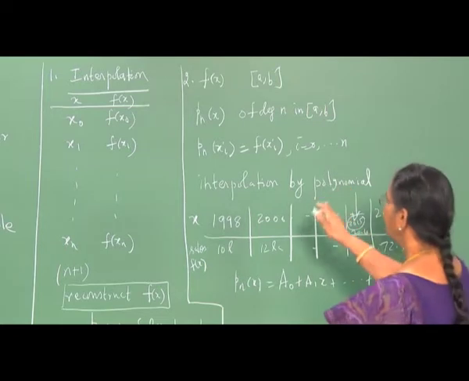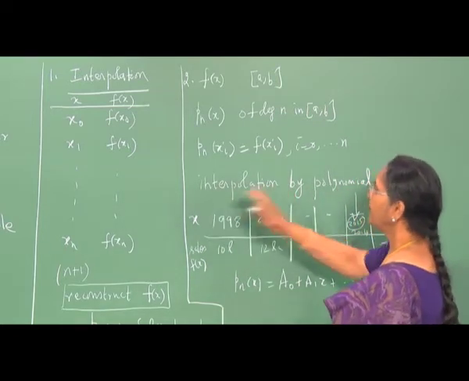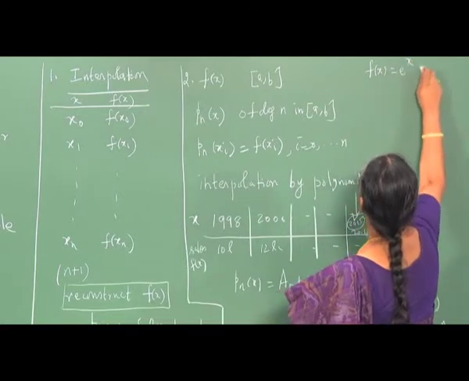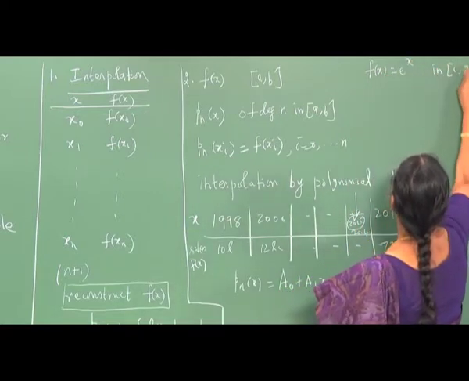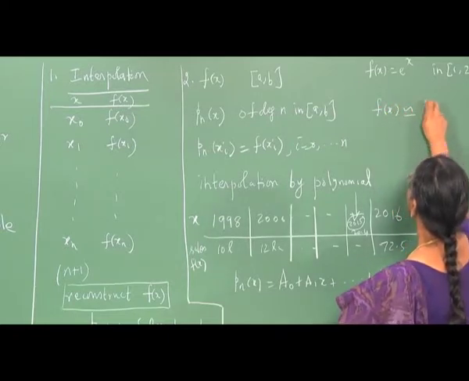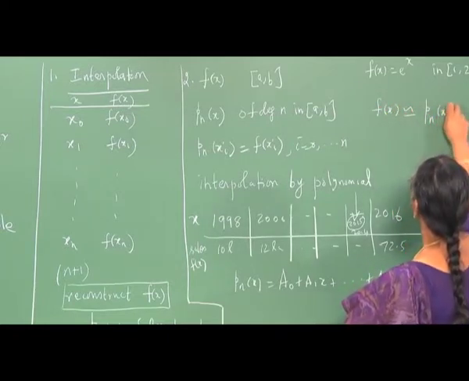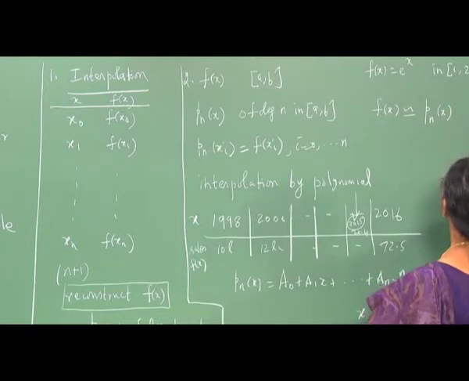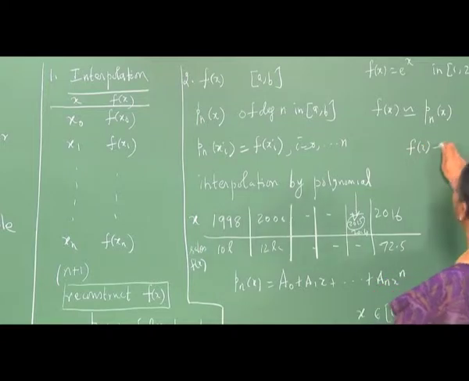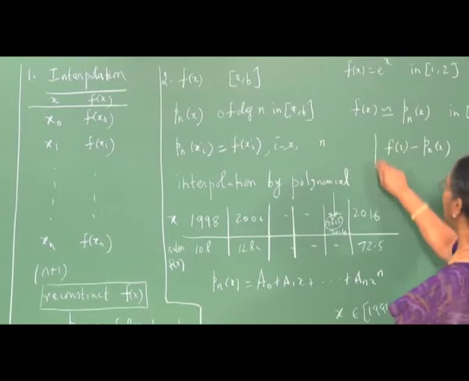While doing this, we do incur some error. For example, if f of x is equal to, say, e to the power of x in some interval 1 to 2, and we are approximating this function by a polynomial, say p_n of x, in the interval 1 to 2, we would incur an error given by the difference between f of x and p_n of x.